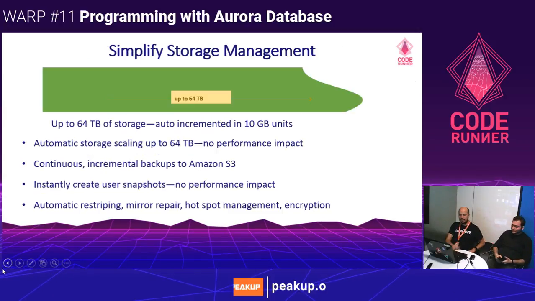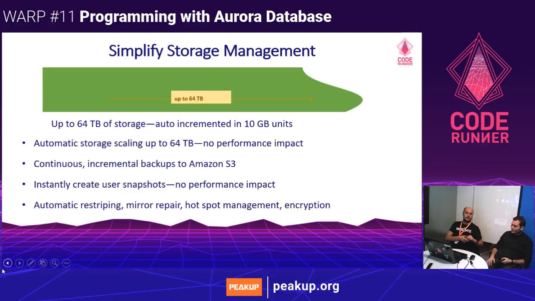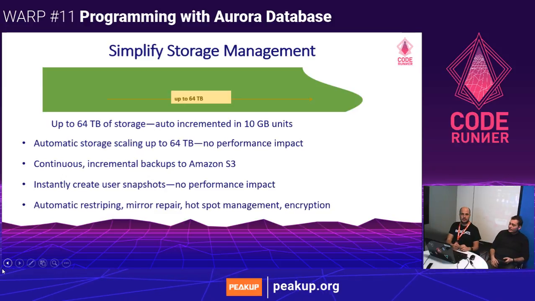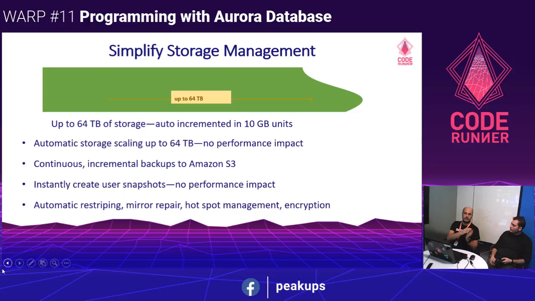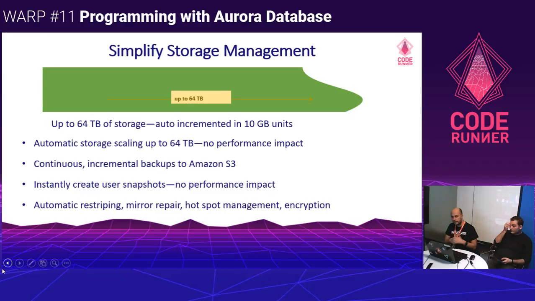There is also very simple storage management. You can use a database up to 64 terabytes, and there is automatic storage scaling. When you reach the maximum size of the database, it is incremented by 10 gigabytes automatically.